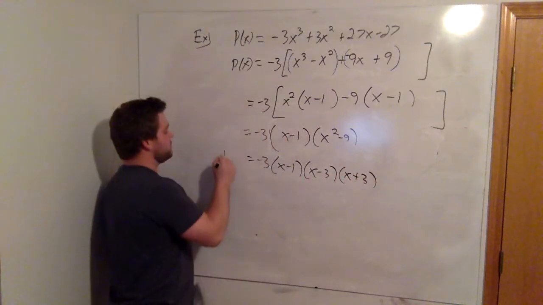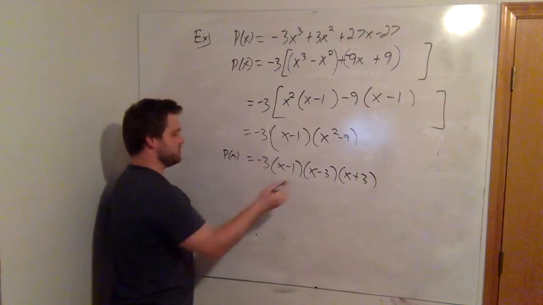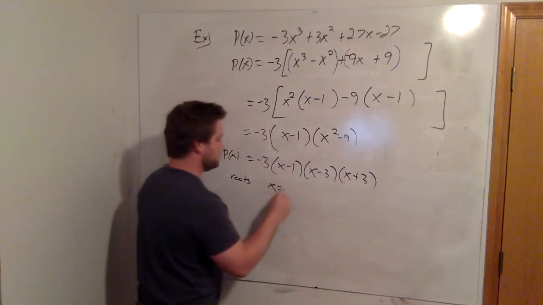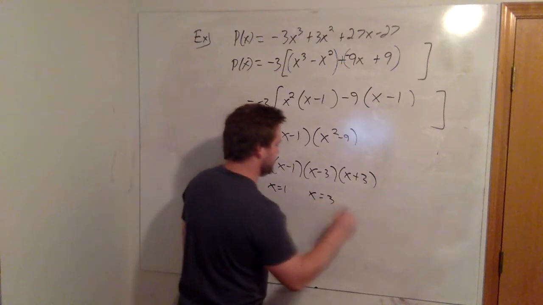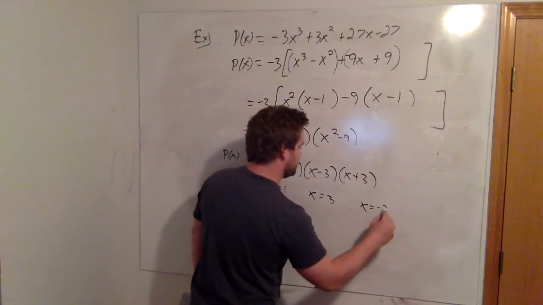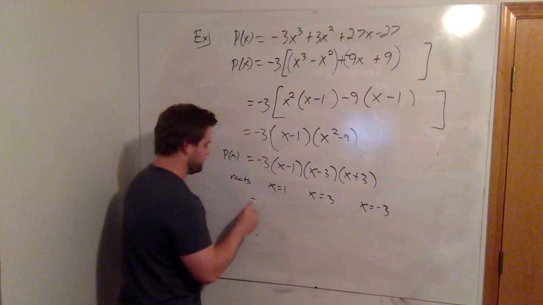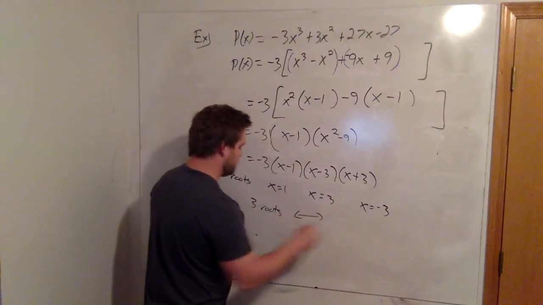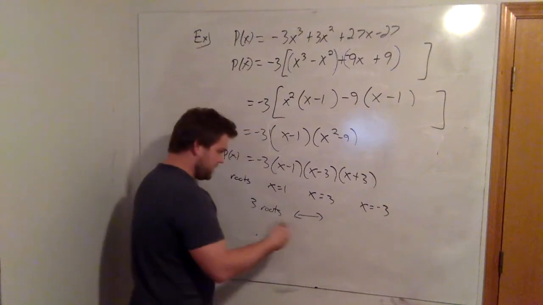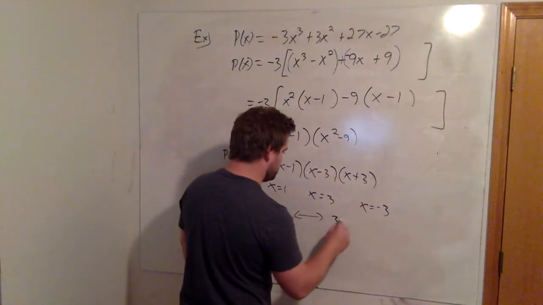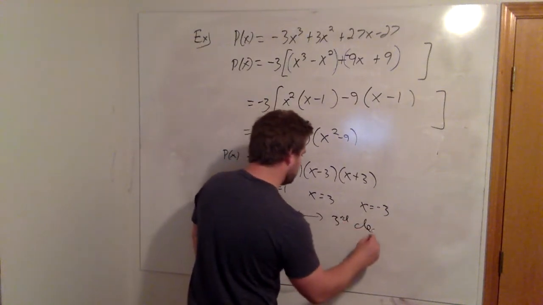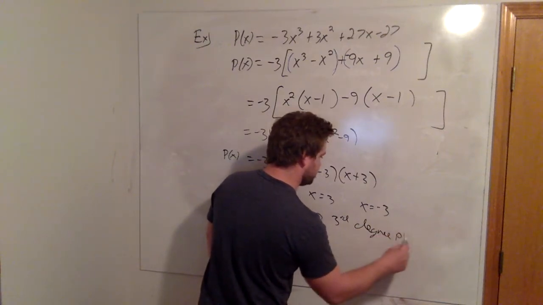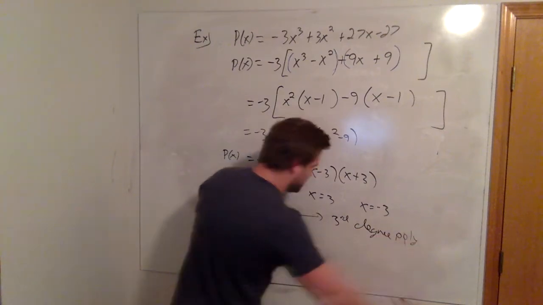So we've factored this polynomial without using synthetic division. We have its roots: x equals 1, x equals 3, x equals negative 3. Notice 3 roots, and we have a third degree polynomial.